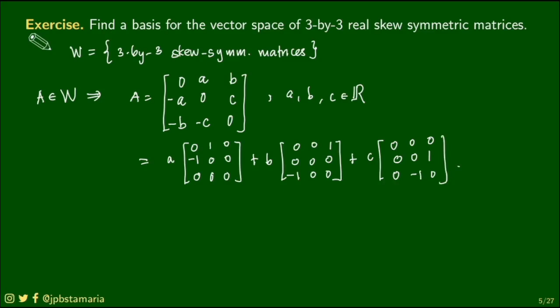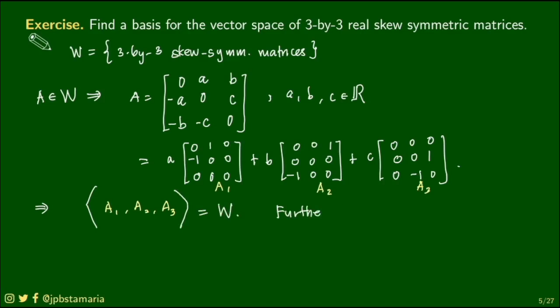Therefore, we were able to express A as a linear combination of these three matrices. If we call the first matrix A1, the second A2, and the third A3, then we can say that the span of A1, A2, and A3 is the space W.